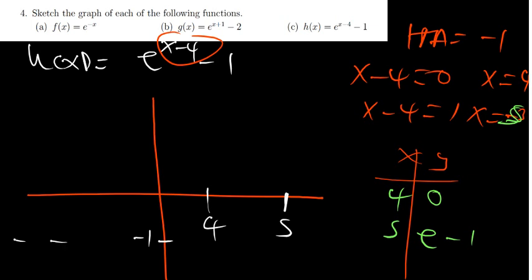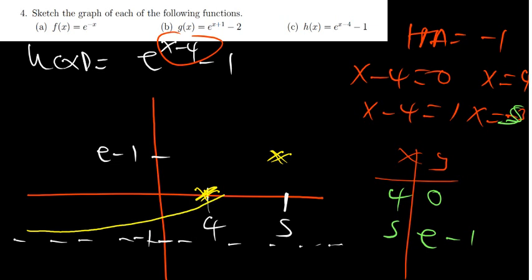The graph starts running away from -1, going up there. I'll put my e minus 1 here, because e minus 1 is approximately 1.178, somewhere there. We have 4 comma 0 as this point, and 5 comma e minus 1 as this point, running away from -1, going there. That is going to be our graph.